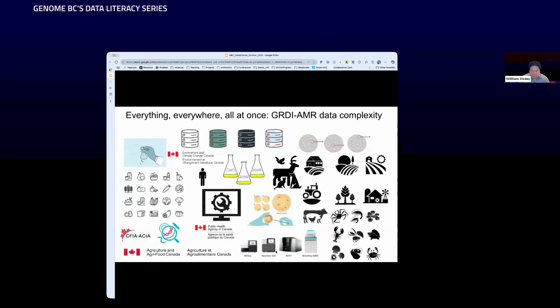So this is just to highlight the diversities or the variations across systems that we have to deal with. Again, including different sequencing platforms or lab protocols.